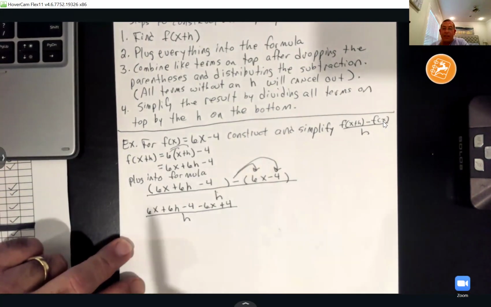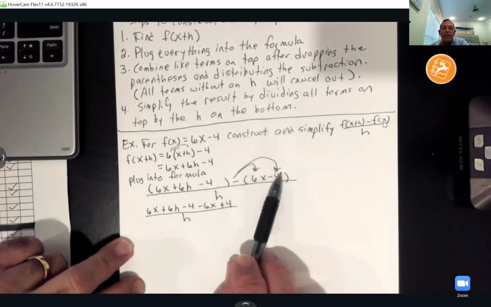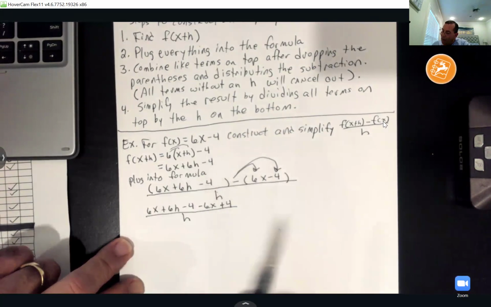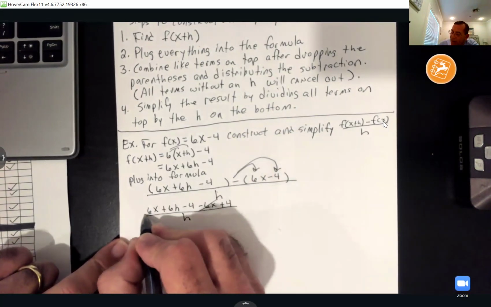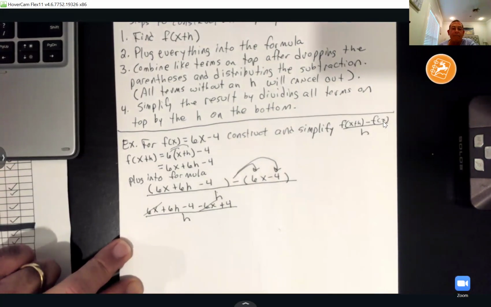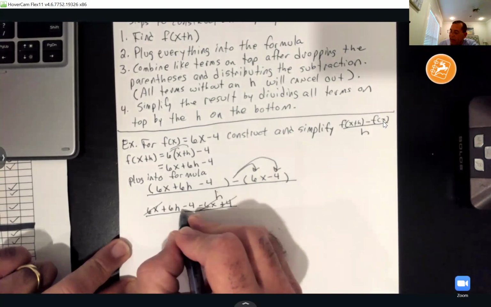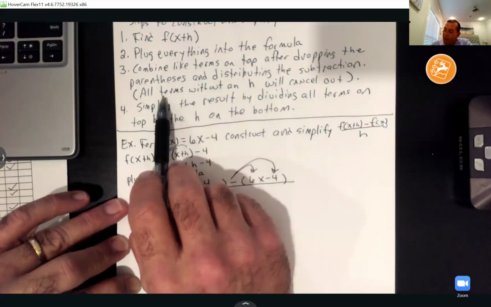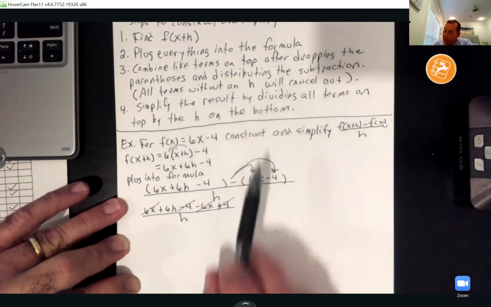Now, you all watch this. Everything in the second parentheses always cancels out with its counterpart in the first. So this negative 6x here is going to cancel with that positive 6x. This positive 4 here will cancel with the negative 4. Now notice we said right here, all terms without an h will cancel out.